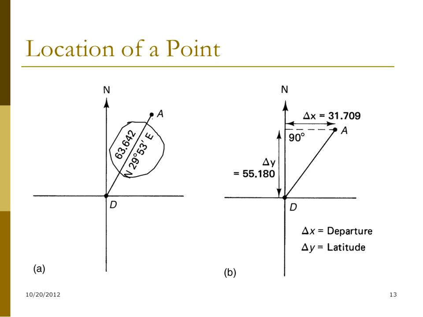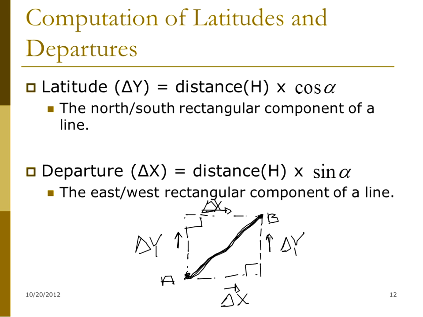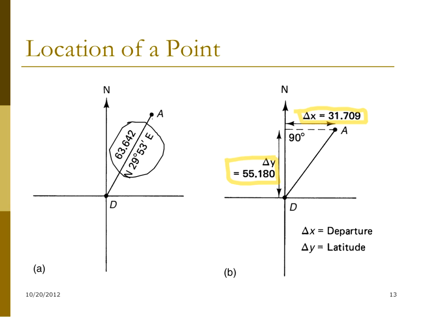We can calculate our departure, which is here. Here's the calculated departure, and here is the calculated latitude. And how they were calculated, looking back at our previous slide, is that the latitude is equal to the distance times the cosine of the angle.